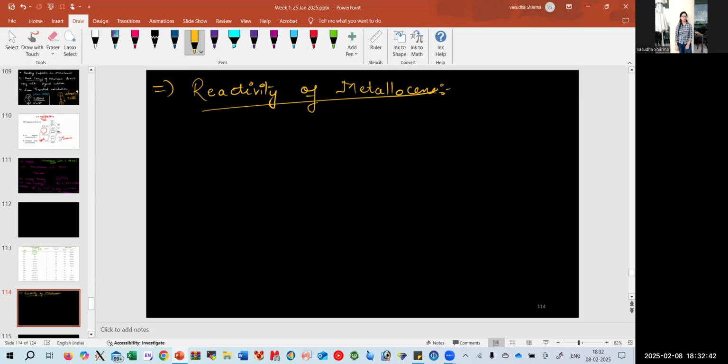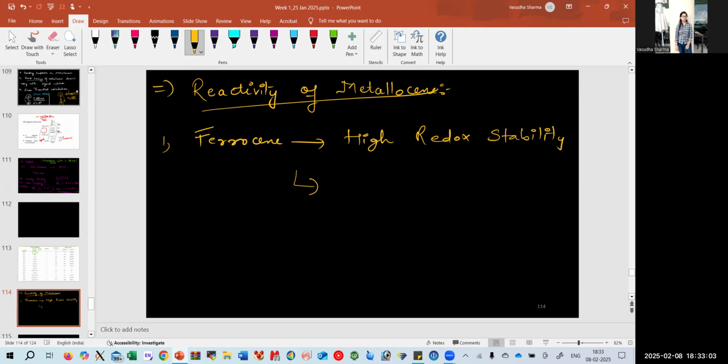In the reactivity, ferrocene has a high redox stability. So it behaves like an organic moiety. It mimics the reactivity of an organic molecule.